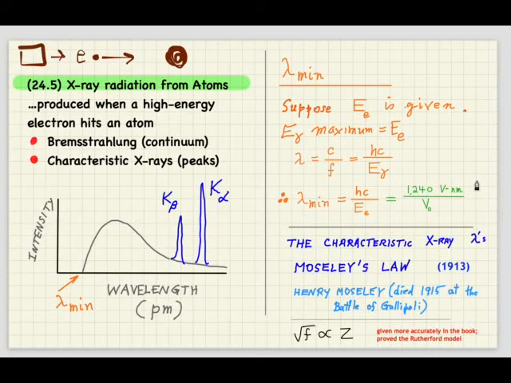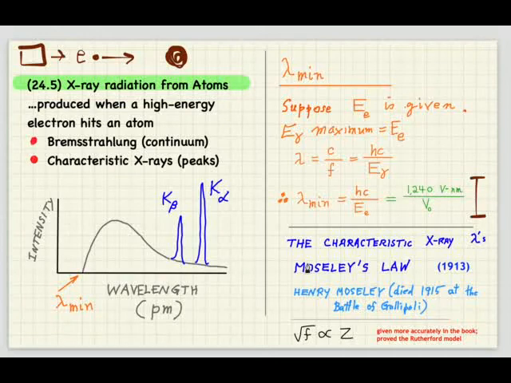So this is explained in section 5, and there'll be a homework problem which involves that. But what's more interesting are the characteristic X-ray peaks, the characteristic X-ray wavelengths. And this was studied by Henry Moseley in 1913.